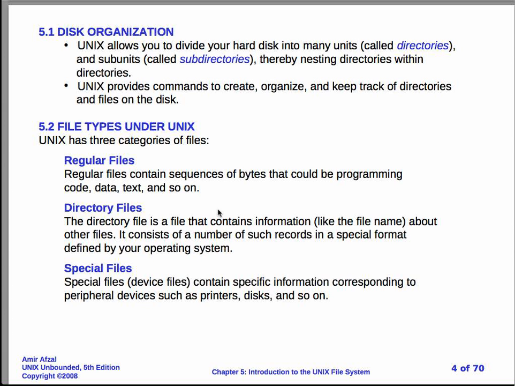So far, regular files, text files, movies, MP3 files, all of those are regular files. Then you can have directory files, which you can think of as folders. I'll try to stick to the term directory rather than folder, but every once in a while you might hear me say folder, and if you do, just think directory.